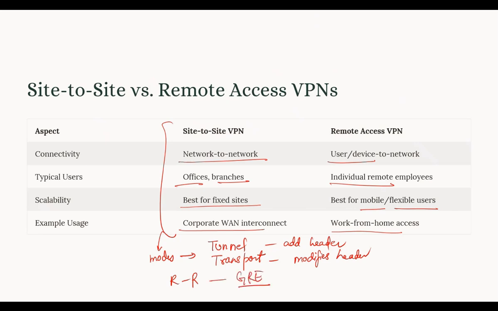GRE is generic routing encapsulation, an encapsulation protocol used as a tunneling protocol, which supports dynamic routing and multicast, but it does not support encryption. So a solution to overcome this limitation is to use IPsec over GRE.